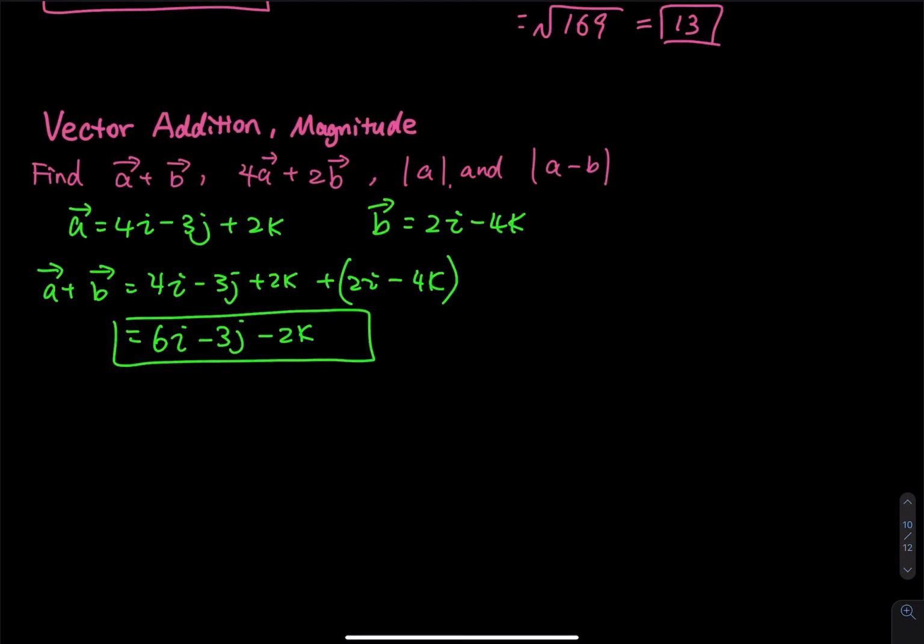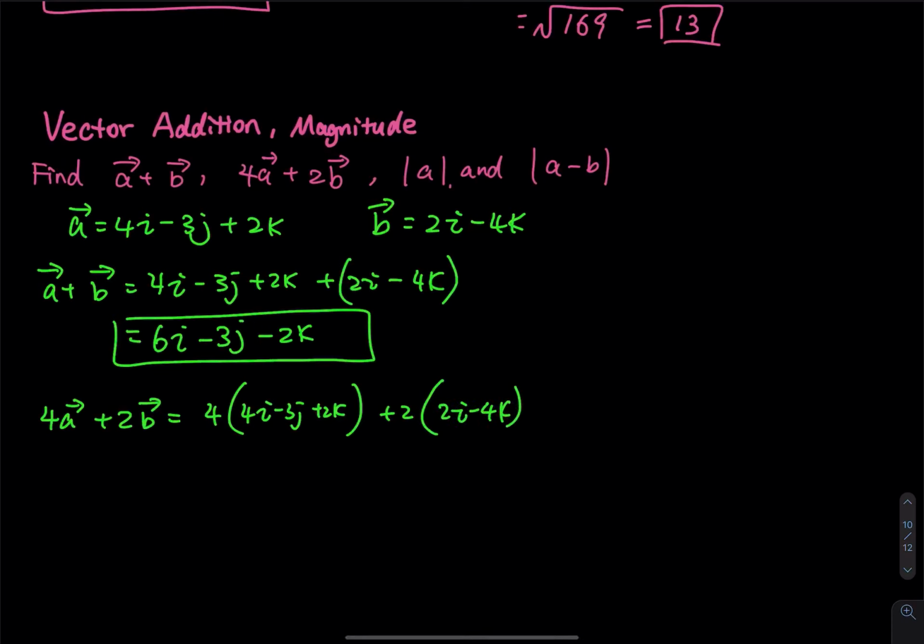And then the next one, we have a scalar multiple: 4 times vector A plus 2 times vector B. So that is 4 times 4i minus 3j plus 2k, and then plus 2 times vector B, which is 2i minus 4k.